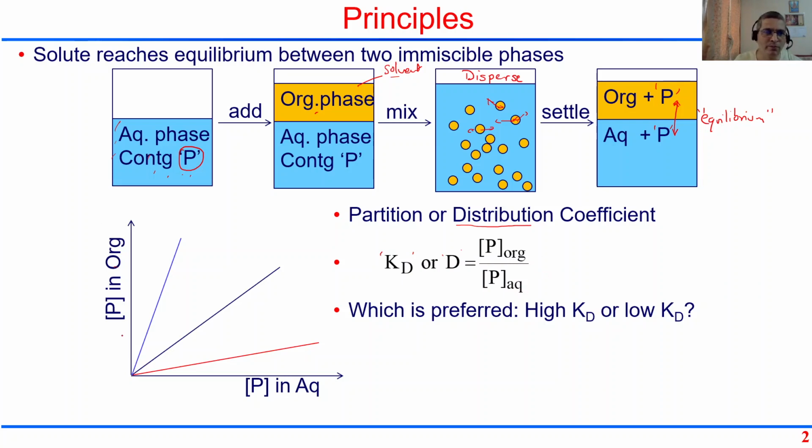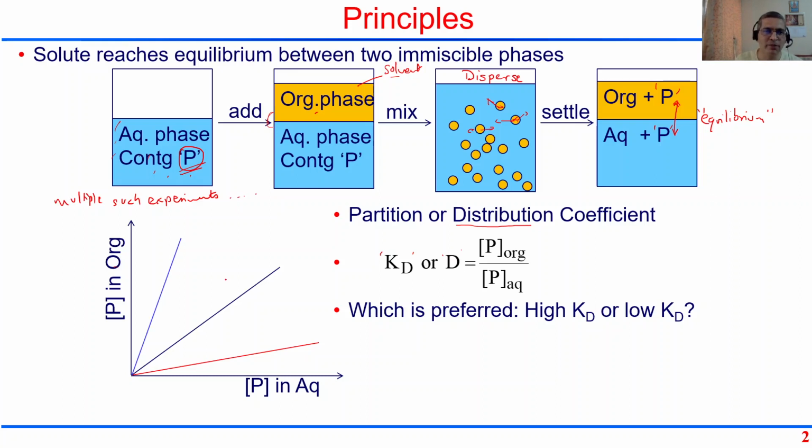So if you want to depict it graphically, you do multiple such experiments. You either change the ratio of aqueous to organic solvent, or you change the initial amount of P that is there in the aqueous phase.